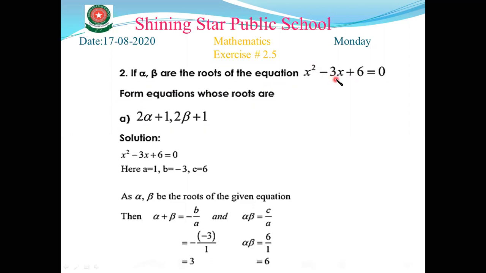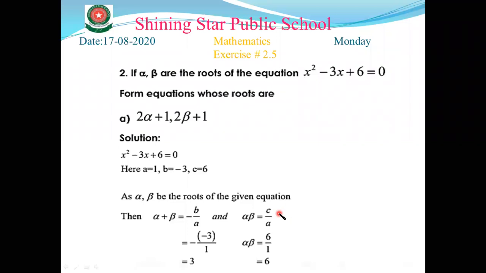And we have to find the equation whose roots are 2 alpha plus 1, 2 beta plus 1. Okay. So according to this equation, we find alpha plus beta, alpha beta. So we know that A is 1, B is minus 3, C is 6. So alpha beta are the roots of the equation.